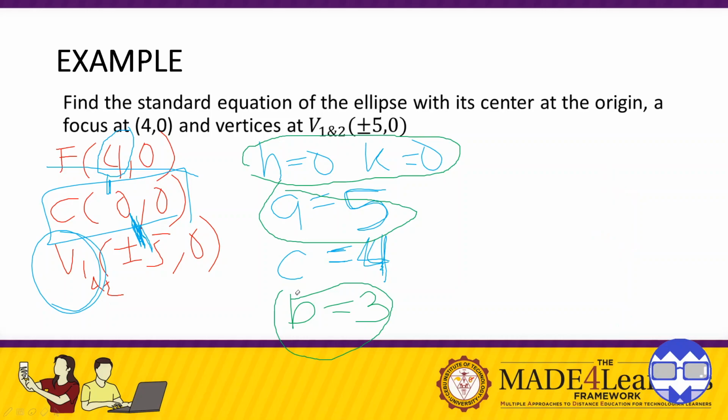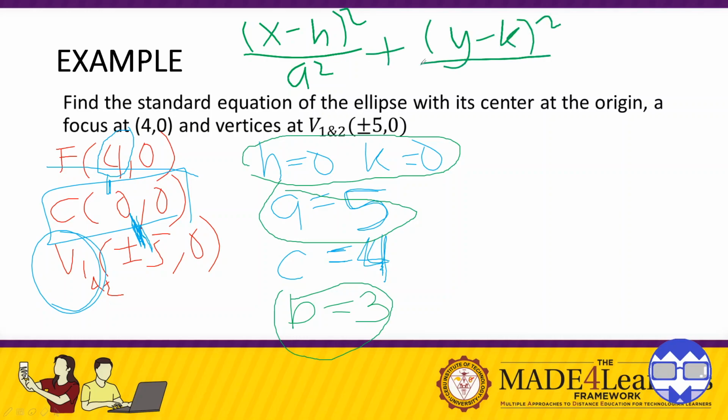We simply use the standard form, which is (x minus h) squared over a squared plus (y minus k) squared over b squared equals 1.